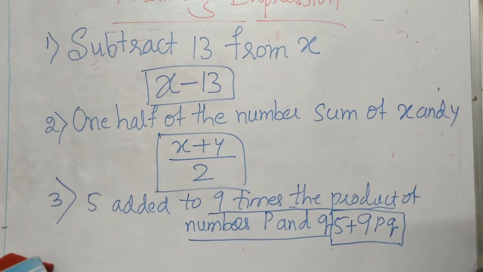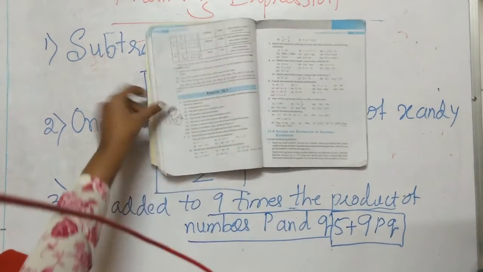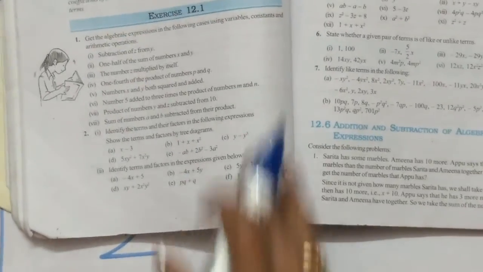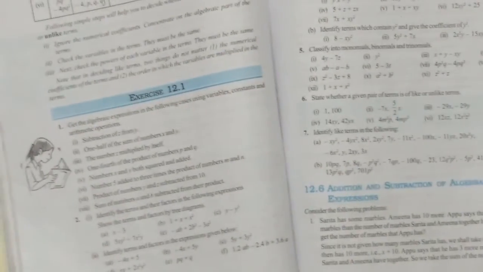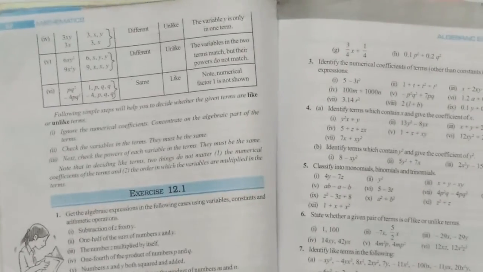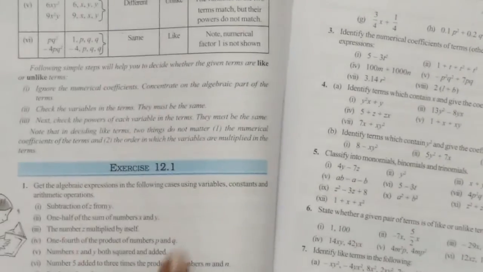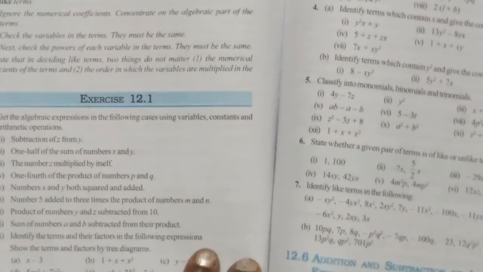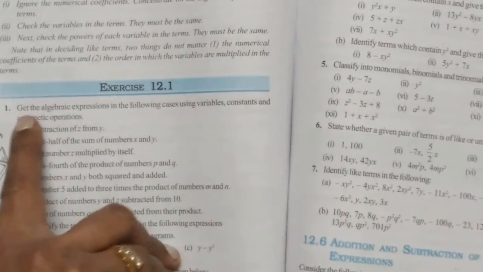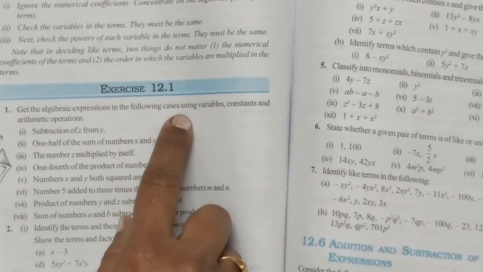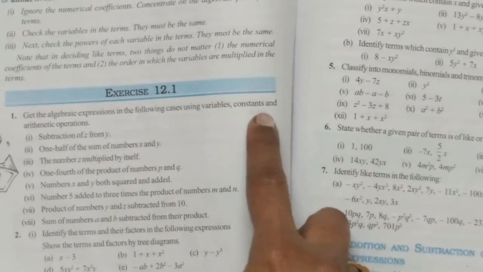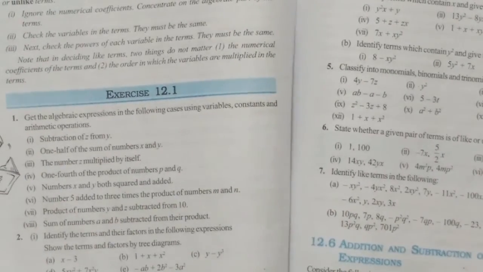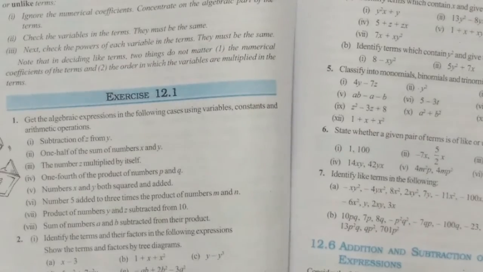Now let us take the textbook exercise 12.1, first main. They are asking you to frame the expression for the following statements. I think you are able to see now. Get the algebraic expressions in the following cases using variables, constants, and the arithmetic operations.